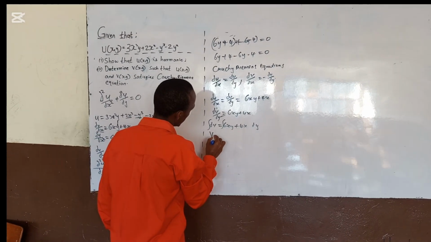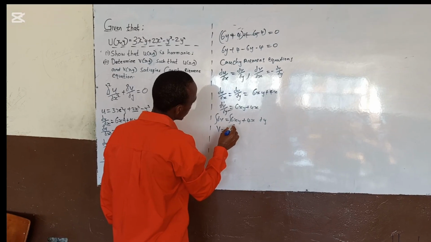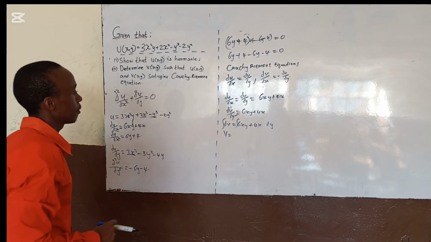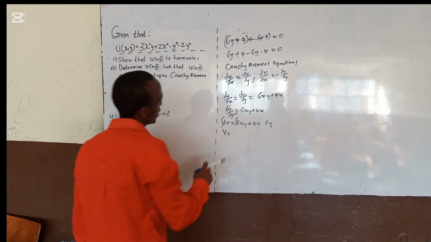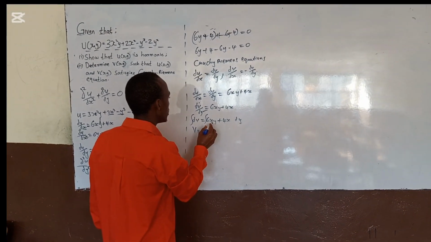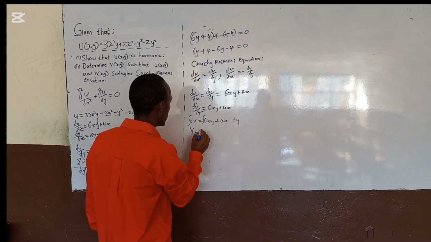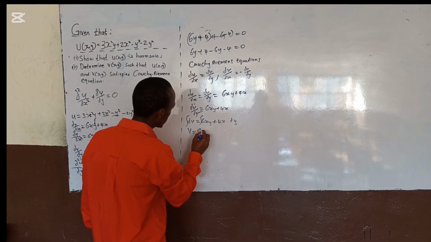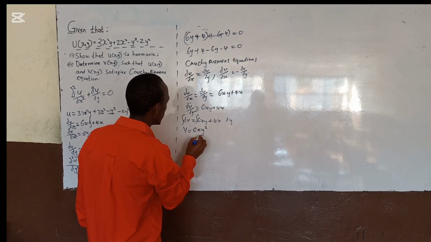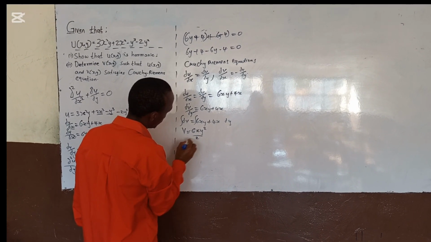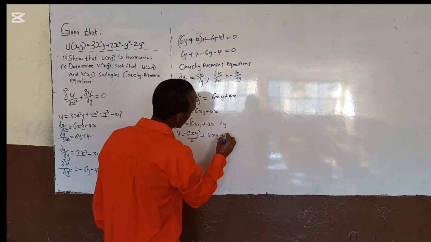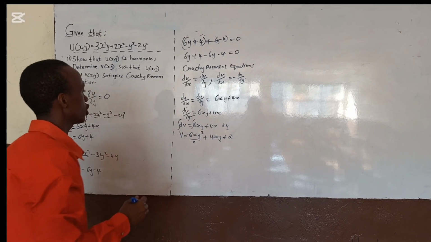Now our v is equal to, if we integrate this function with respect to y, 6x y squared divided by 2 plus 4xy plus a function, let's say a function of x.